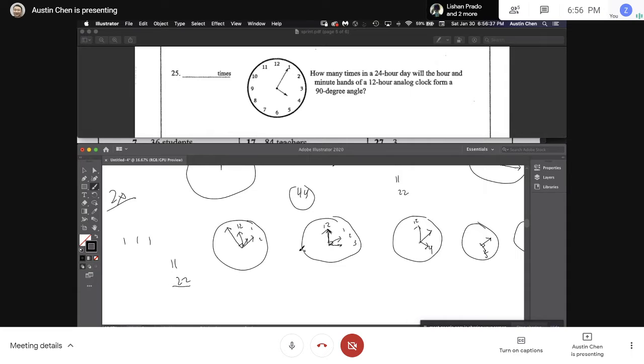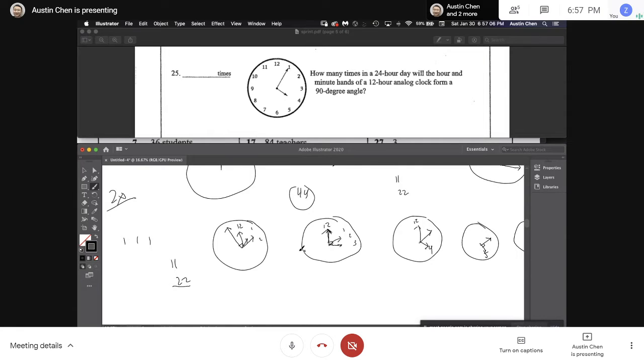Yeah, you can just think of how the angle would progress. You can also think of it as, for each hour, there would be two: one right angle clockwise and one counterclockwise.